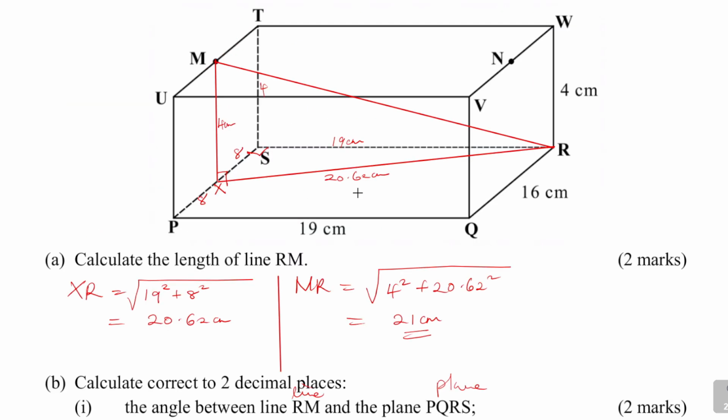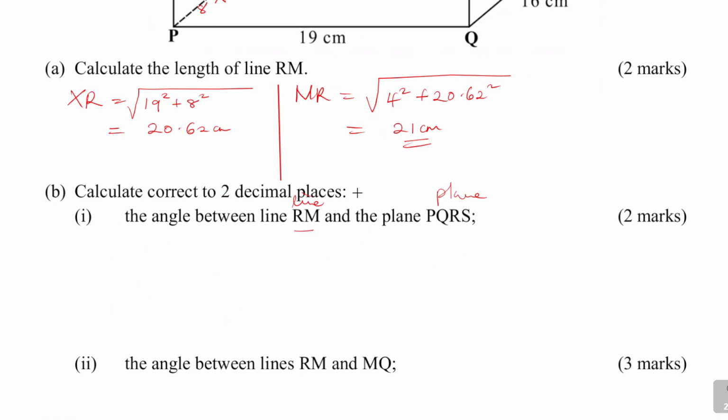RM is there, we've drawn it, and then we have the base, that is a plane, PQRS. So to get the angle between a line and a plane, we get the angle between that line and its projection on the plane.